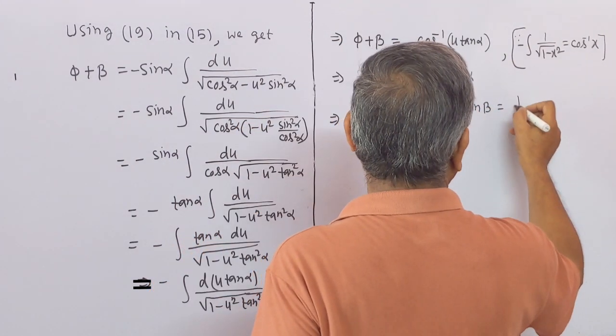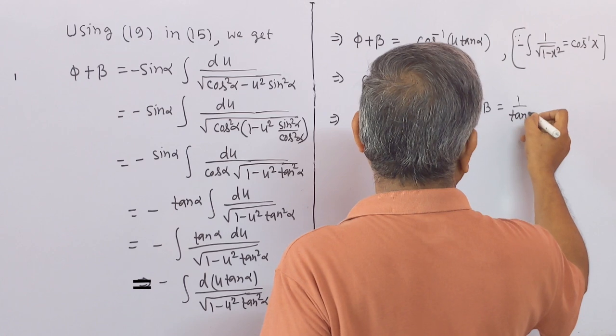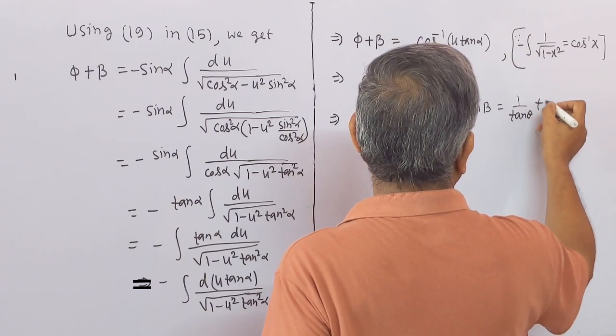Here u means 1 by tan theta, which is cos theta by sin theta, times tan alpha.